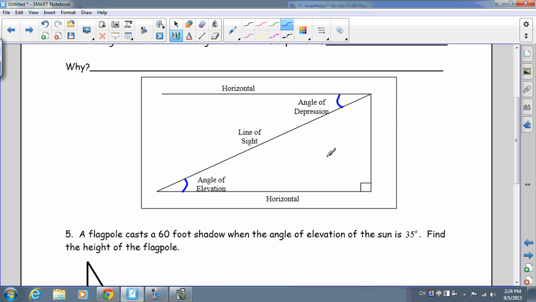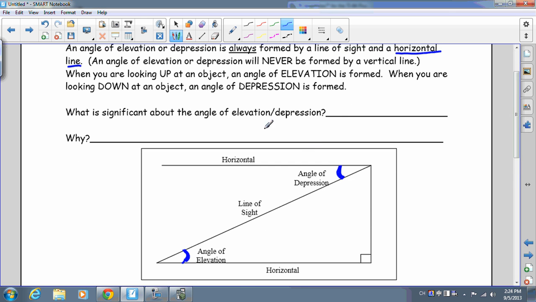There's one very good concept about these two angles. If you remember in geometry, whenever you have two parallel lines, these two angles are congruent, but they have a specific name. So what is significant about the angle of elevation and angle of depression is the fact that they are congruent. And why are they congruent? This is when you need to remember your geometry.